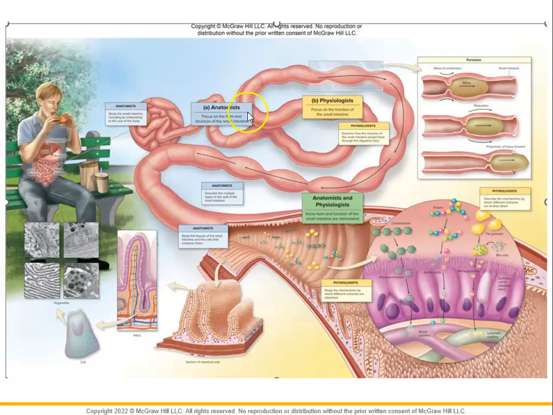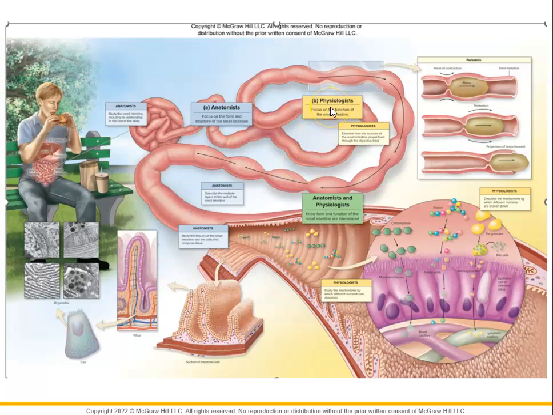So all of this over here with the bluish gray boxes, that's all anatomy. So study of the small intestine, including how it interacts with other organs in the body, the different layers of the intestine and what they're made of, how they are put together in relationship to each other. Anatomists would also study the tissues of the small intestine and the cells that compose those tissues.